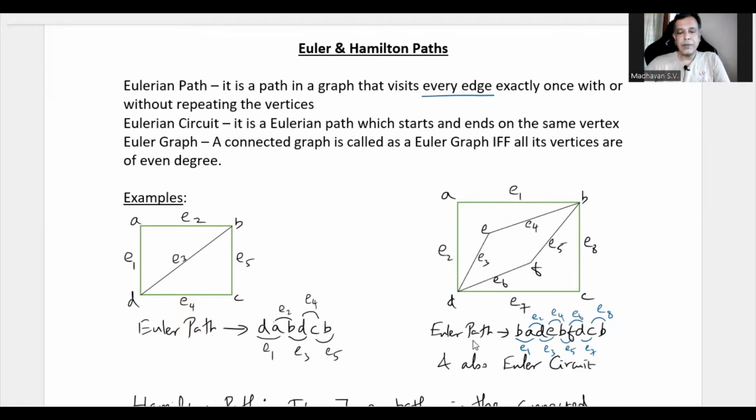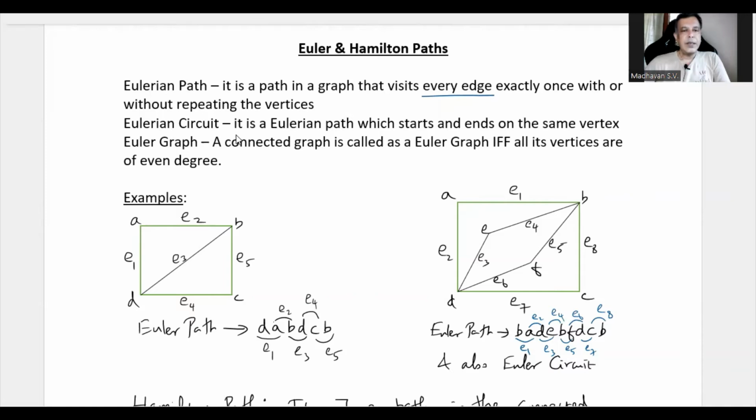Again, if we start from B, we move B to A to D, then D to E, E to B, then B to F, then F to D, then D to C, then C to B. We could visit all the edges, but there are some repeats of vertices also, right?